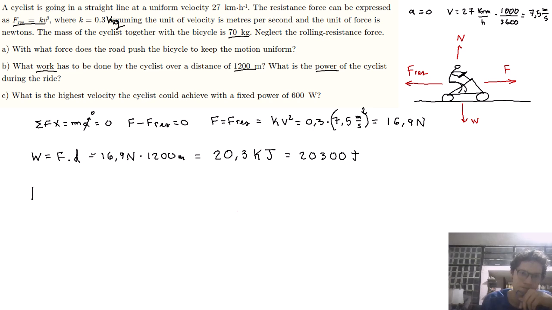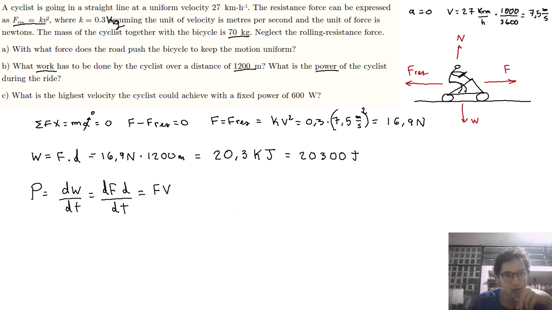All right. We also have to find what is the power of the cyclist. The power is the derivative of the work. So let's do that derivative. And we know the work is basically the force times the distance. And we do this derivative. And the derivative of the distance function is the velocity function. So this will be basically force times velocity.